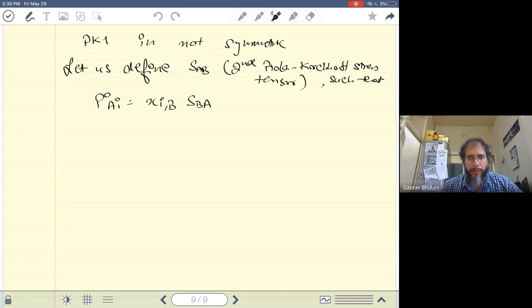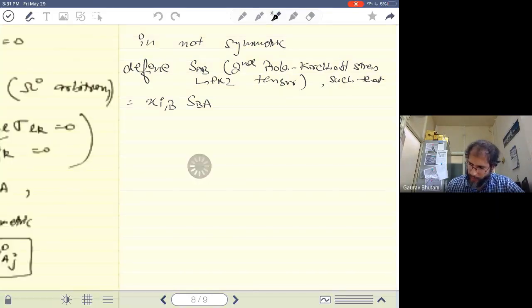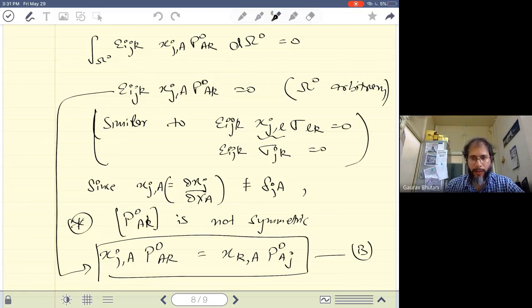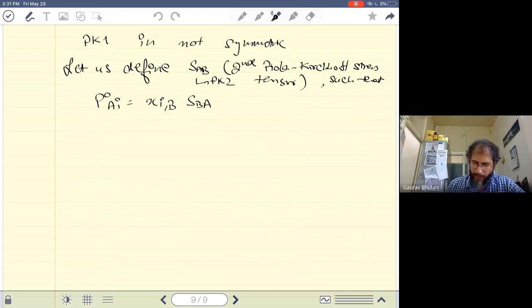All right, so this is how we define it, so that P naught aI is equal to xi comma b S ba. Okay. So this is the relation between our first PK1 and PK2. So this is PK2. Let's go back and call the earlier relation B, the one in the box. We will substitute this definition of PK2 in B.